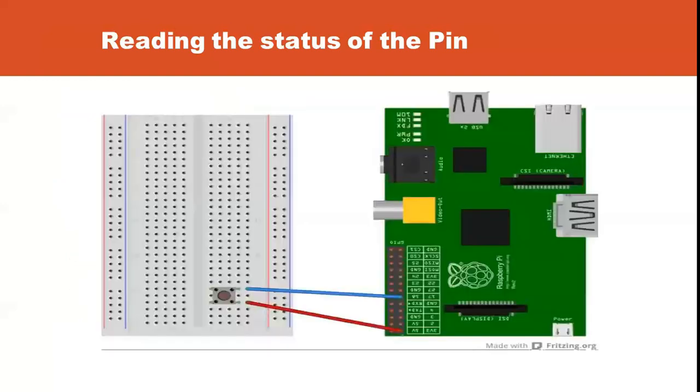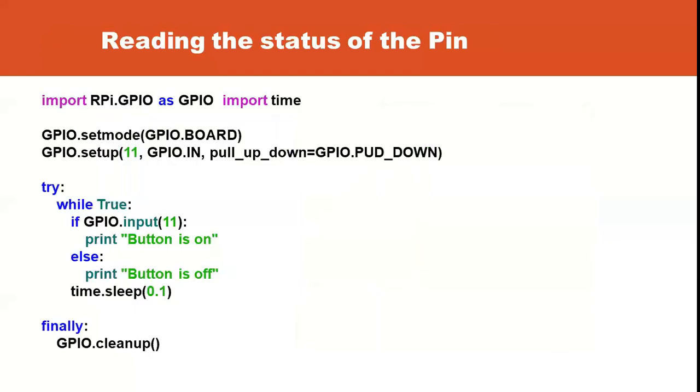So here is the connection for this particular one. This blue line indicates the connection to pin number 11 and the red indicates the connection to VCC. When the button is pushed, it will display button is on, and when the button is released, it will display button is off.